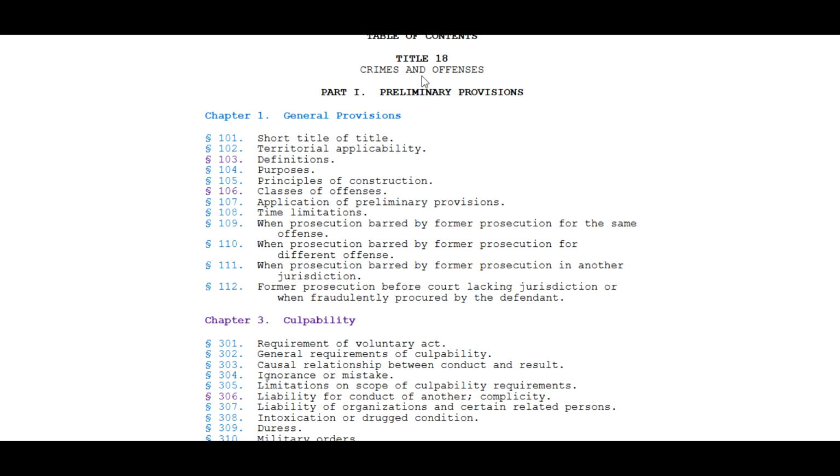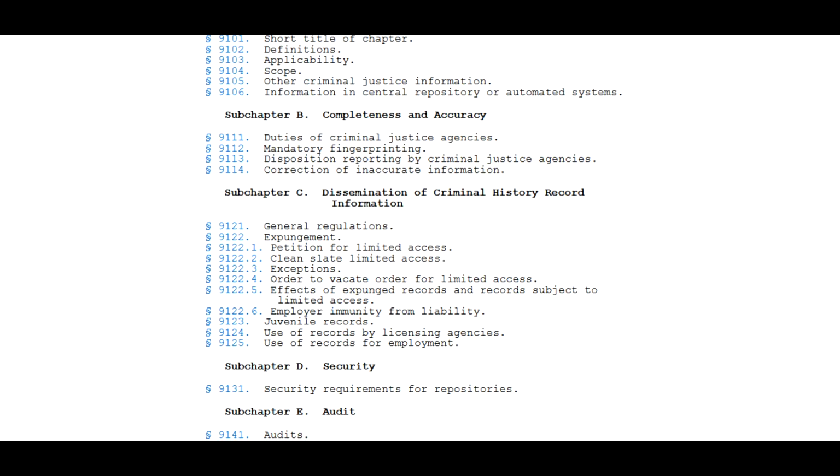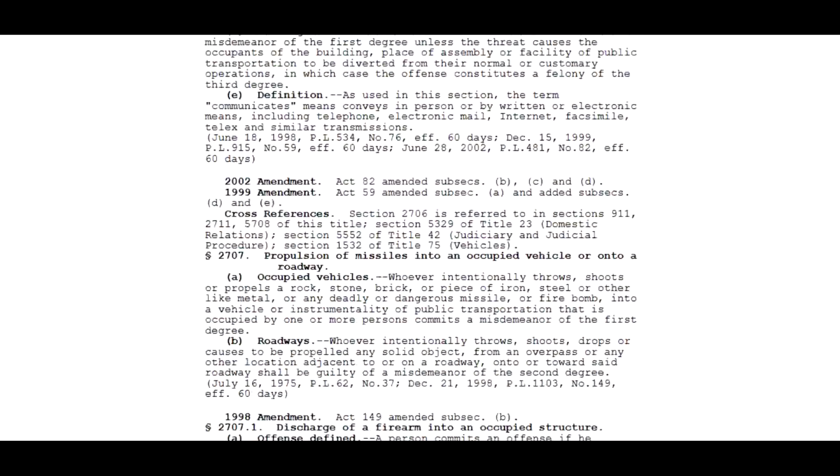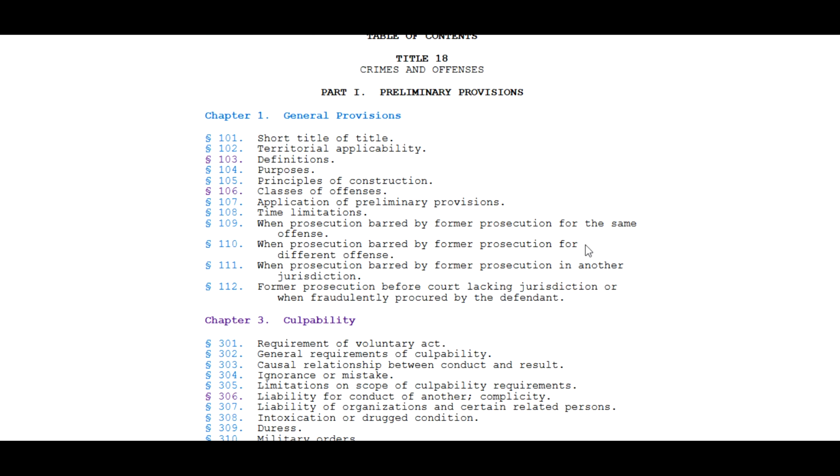It's Title 18, Crimes and Offenses, and it is the legalese of our entire state of Pennsylvania, each law subsection and all the specific details, and this is how I've found so much of this wonderful information about whether PA does this or not.